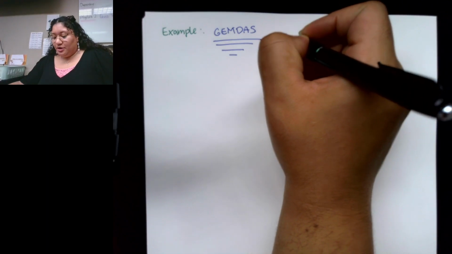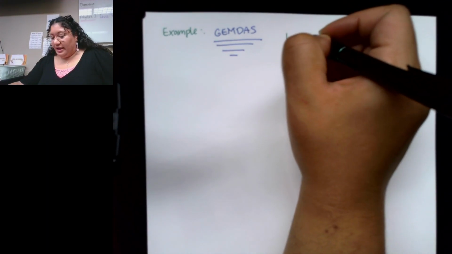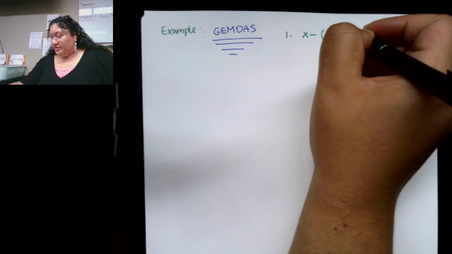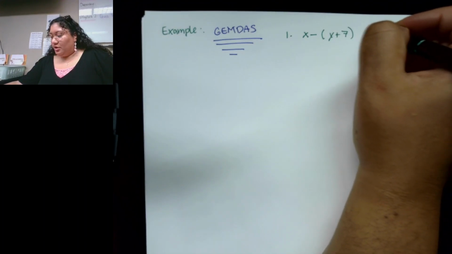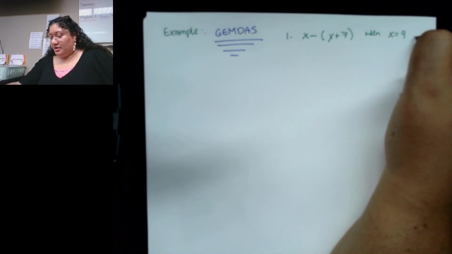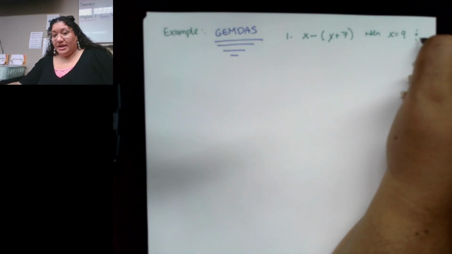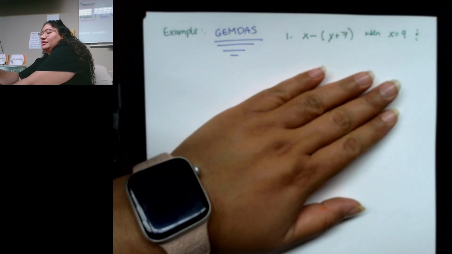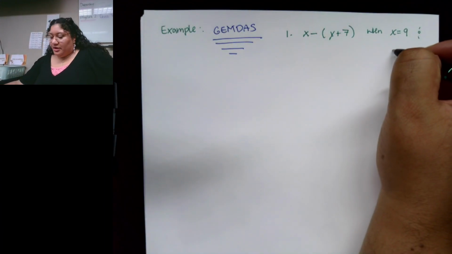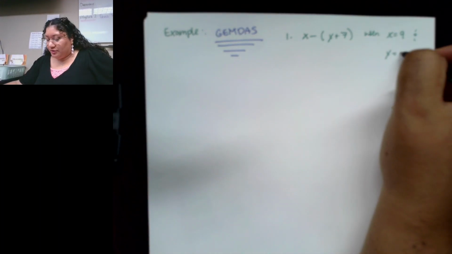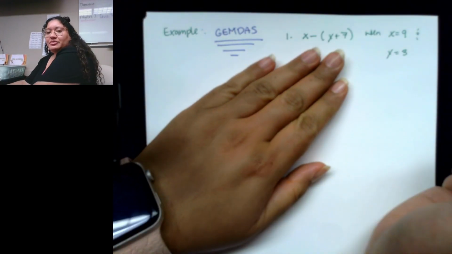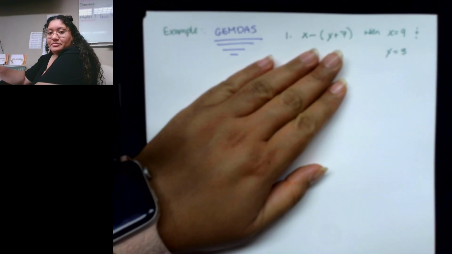Okay. Number 1. I got x minus y plus 7 when x equals 9, and that's my and symbol right there.